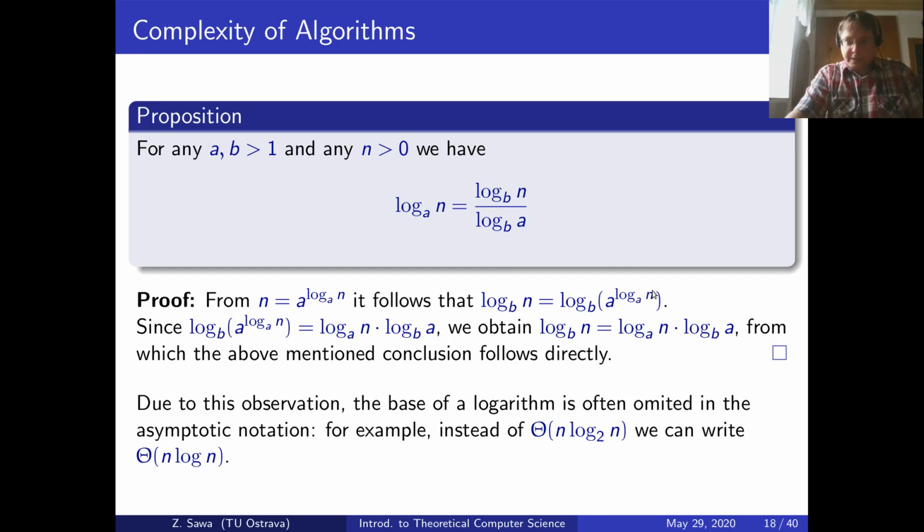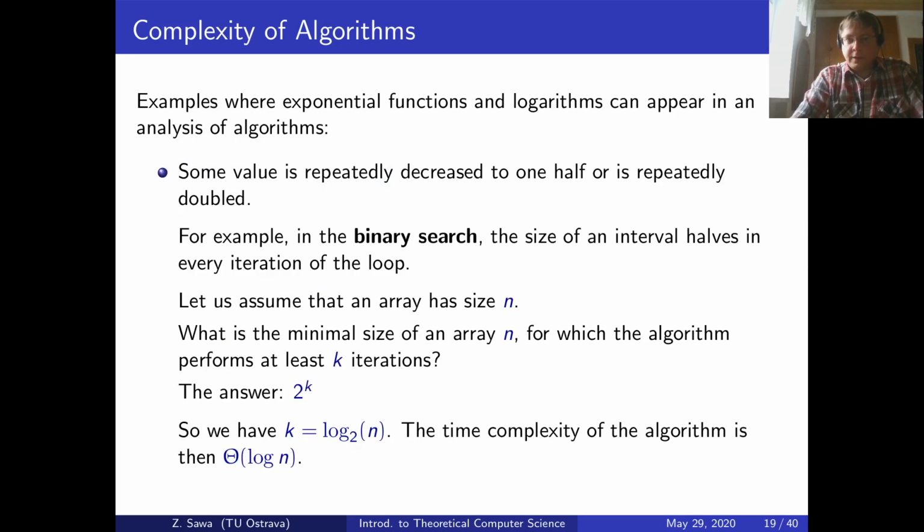So this is just recalling the transformation between logarithms, and that the real base in the case of asymptotic notation is in fact not important. I will now give a few examples of typical cases of algorithms where exponential or logarithmic functions can appear in the analysis.